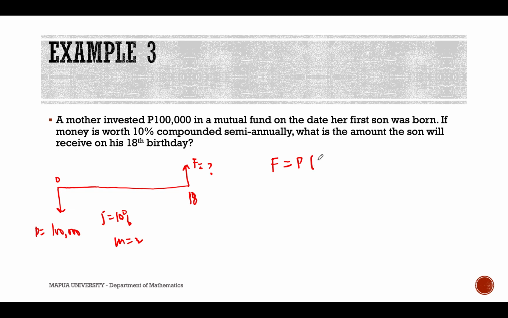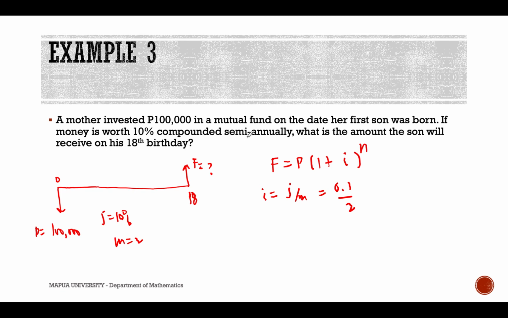So the compound interest formula is F is equal to P(1 + i)^n, where i is equal to j over m. Take note that i is the interest rate per compounding period. Now, since we have 10% as a nominal rate, this will be 0.1 divided by the number of compounding periods.